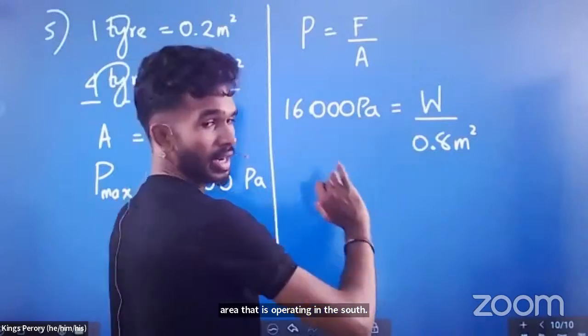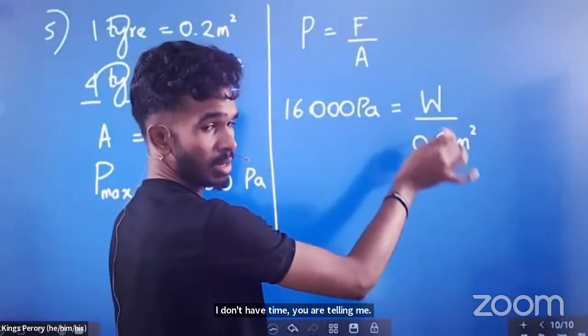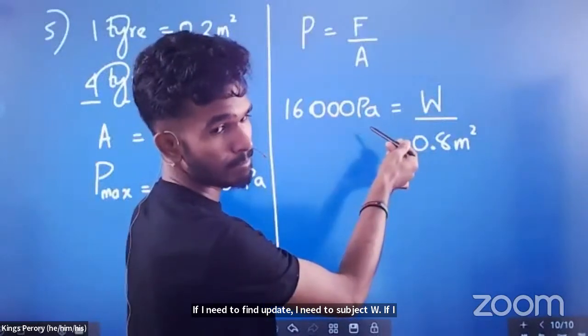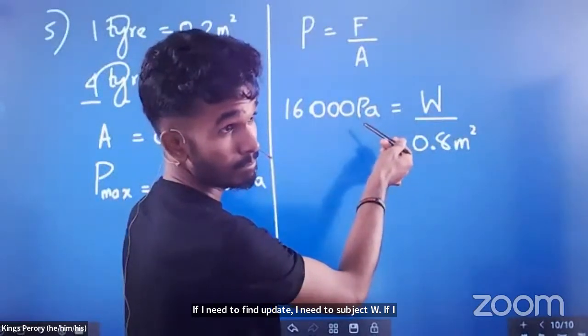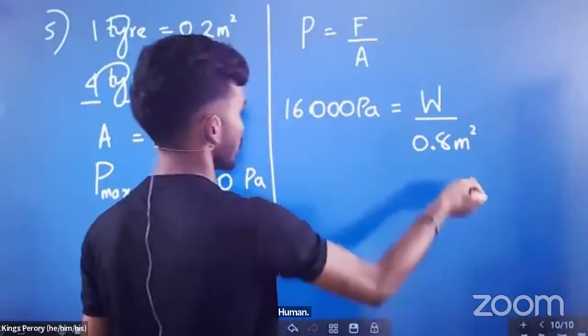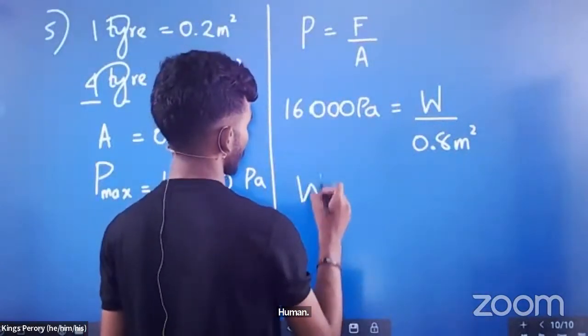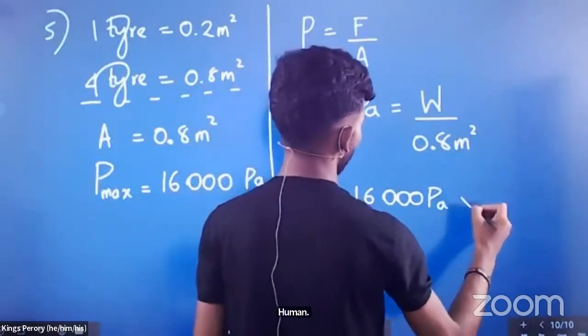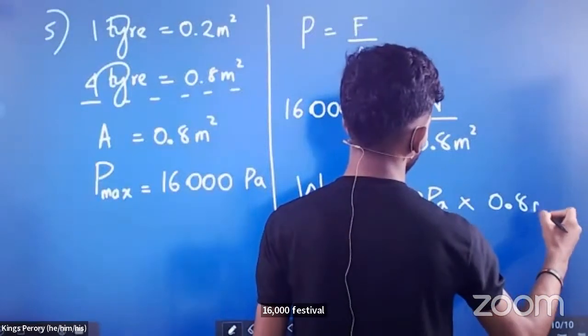If I need to find W, I need to subject W. If I subject W, 0.8 should go to the other side. Denominator on the other side becomes numerator, multiplication. So W equals 16,000 Pascal multiplied by 0.8 meter square.